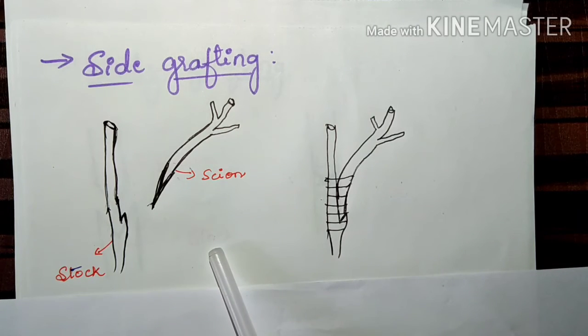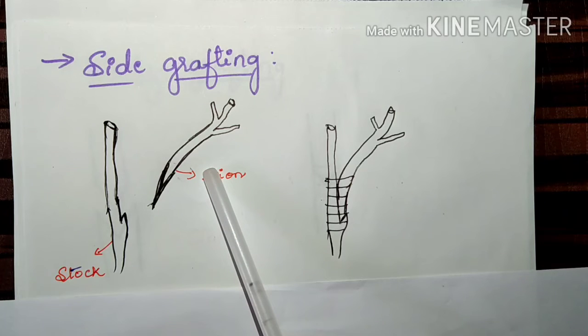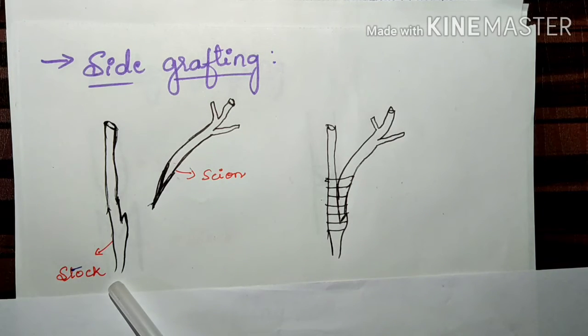In case of tongue and wedge grafting, the scion and stalk have almost the same diameter. Whereas in crown grafting and side grafting, the stalk has more diameter.